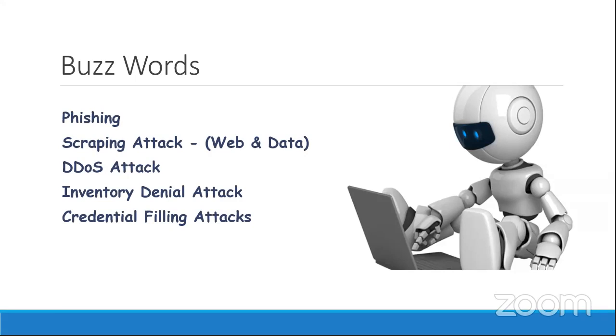When you talk about inventory denial attack, are there any specific answers for it? I think inventory denial attack is where the attacker does not let a person go to that website.